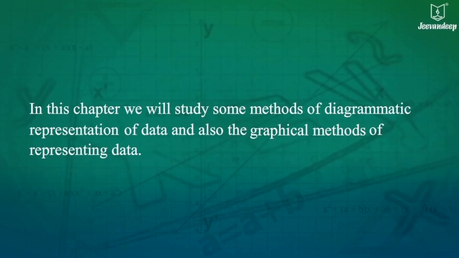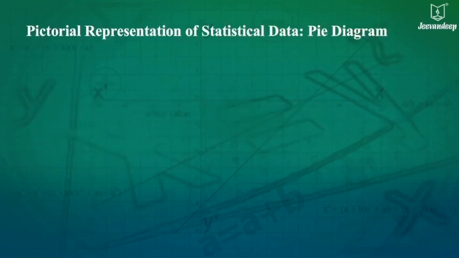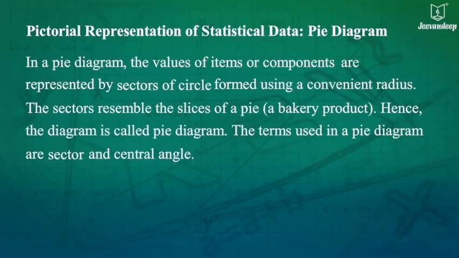In this chapter, we will study some methods of diagrammatic representation of data and also the graphical methods of representing data. Pictorial representation of statistical data. Pie diagram. In a pie diagram, the values of items or components are represented by sectors of a circle formed using a convenient radius.